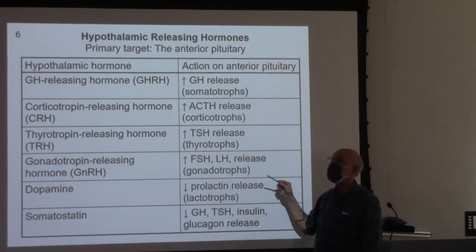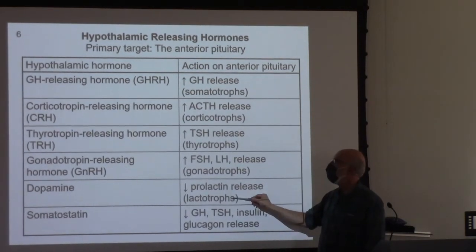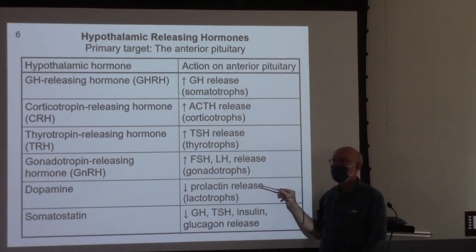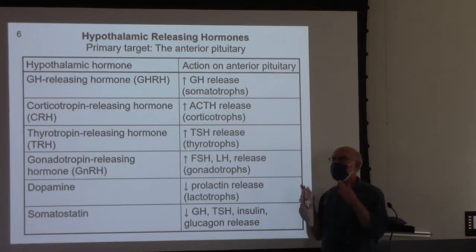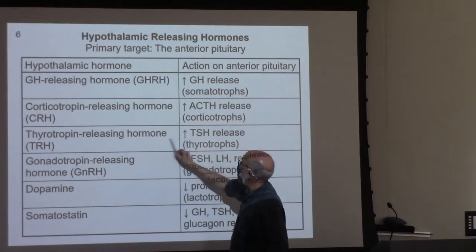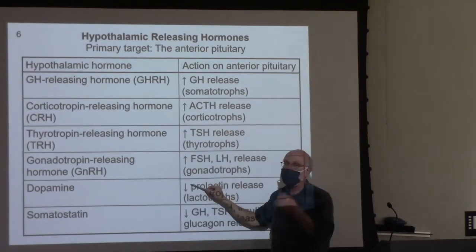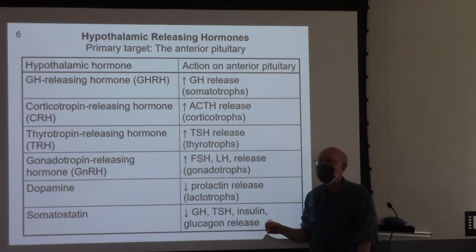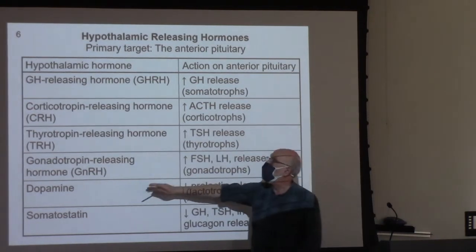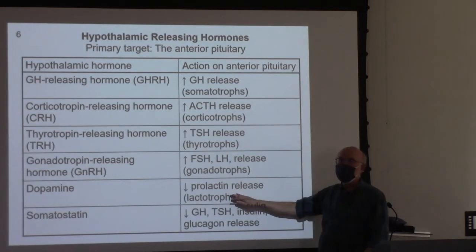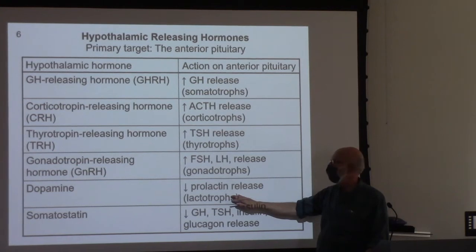So dopamine inhibits lactotropes in the anterior pituitary from releasing prolactin. So we now have a negative feed forward. All of this was positive feed forward. Now we have a negative feed forward. This is not feedback, this is feed forward, but it's negative. So the dopamine released by the hypothalamus is putting the brakes on the anterior pituitary so that it doesn't produce prolactin all the time.